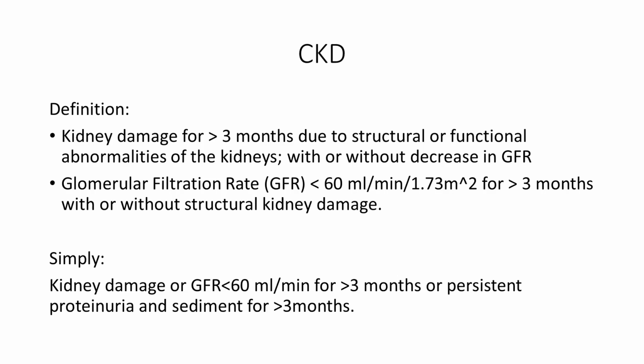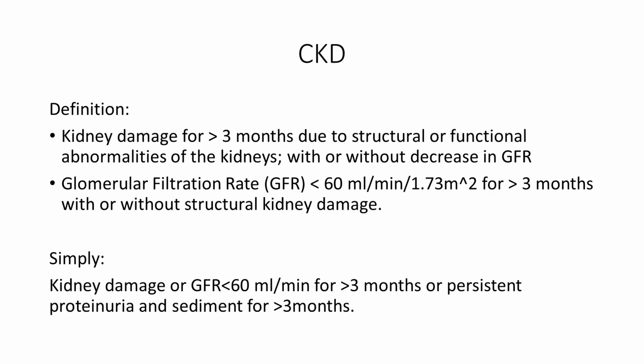Now his GFR is above 100 ml per minute, normal kidney functions, but he is persistently passing protein in his urine for more than 3 months. He is not responding to the treatment, and he is showing persistent proteinuria. Then that patient will be classified as chronic kidney disease.